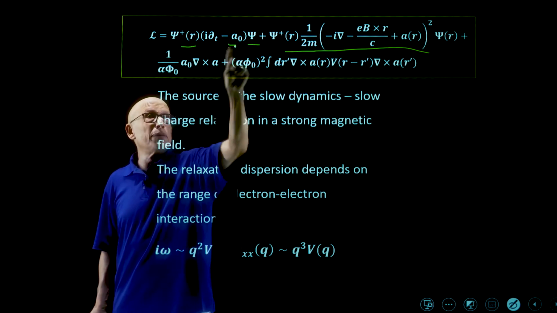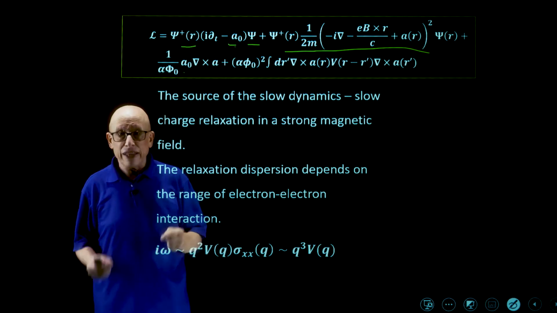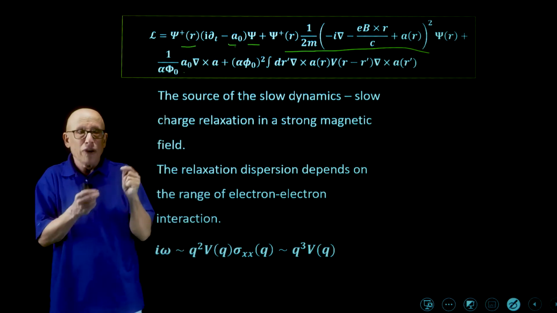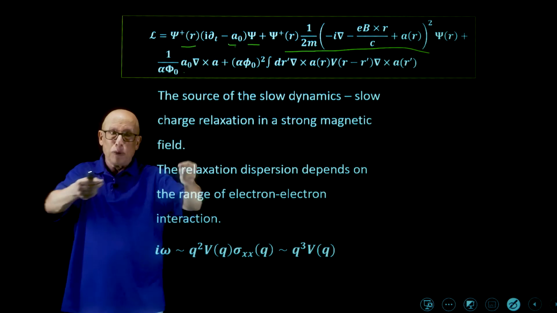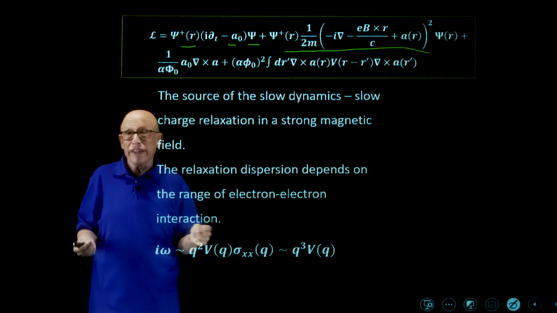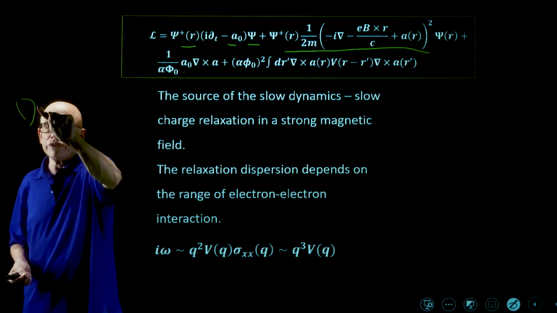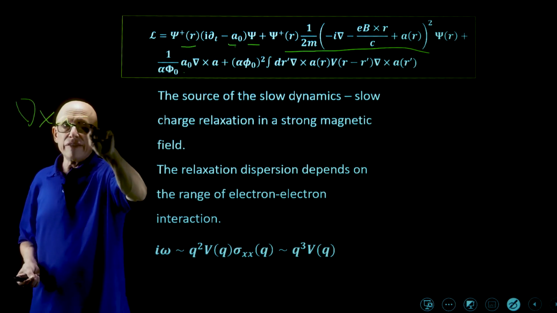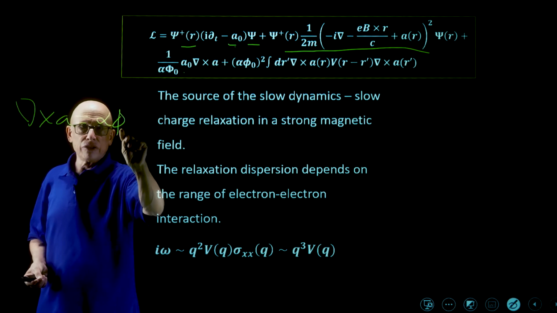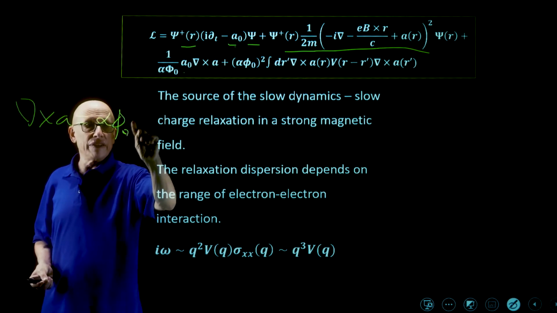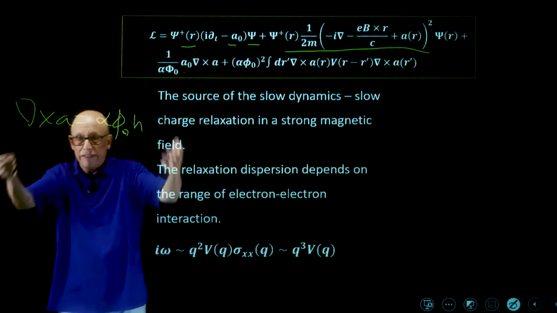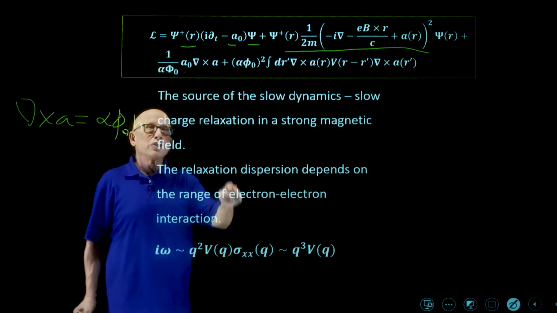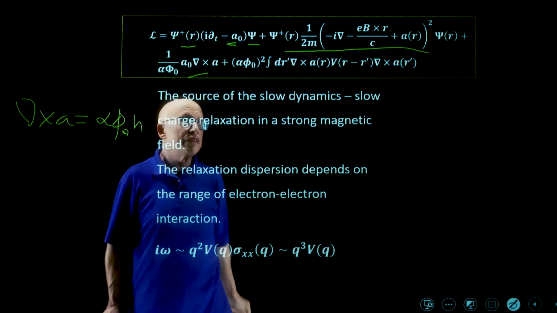A0 appears here and appears here, and it's always linear. So being linear, it just enforces a constraint. When we integrate it out, we'll get a constraint, and the constraint will be that del cross A is alpha times phi naught times the density. And that's the constraint, that's how we build this story. So this is what these terms do.